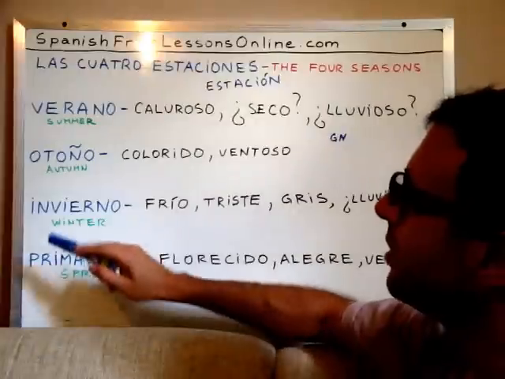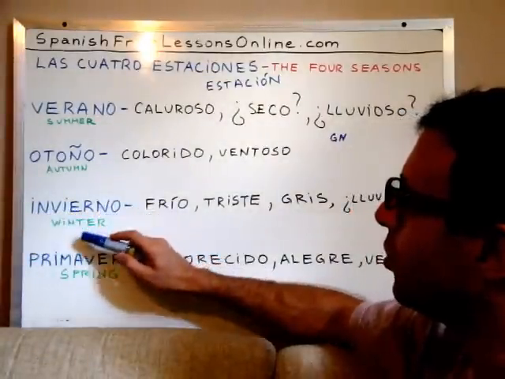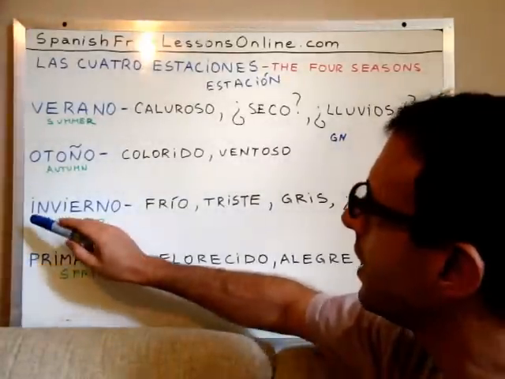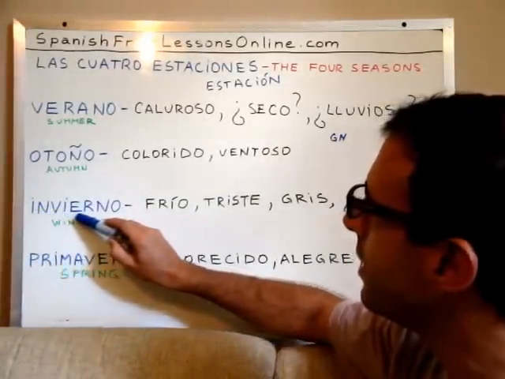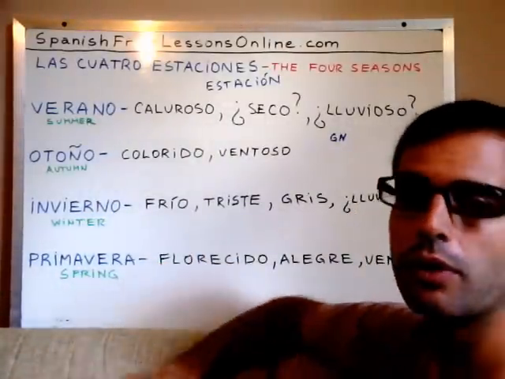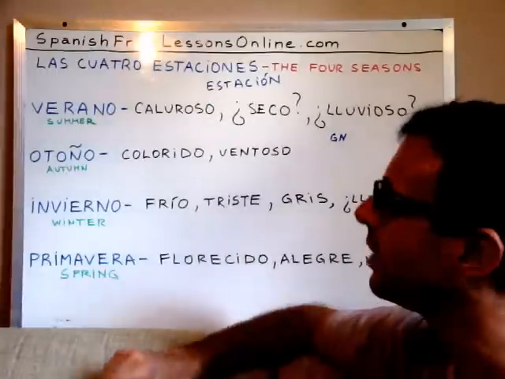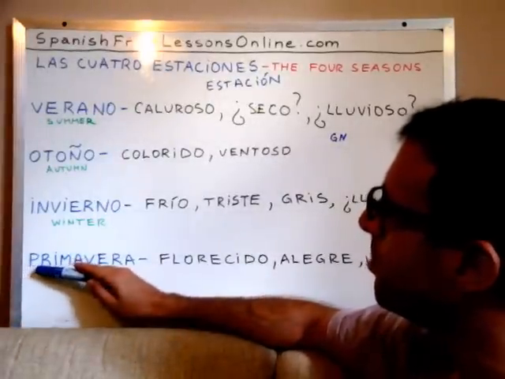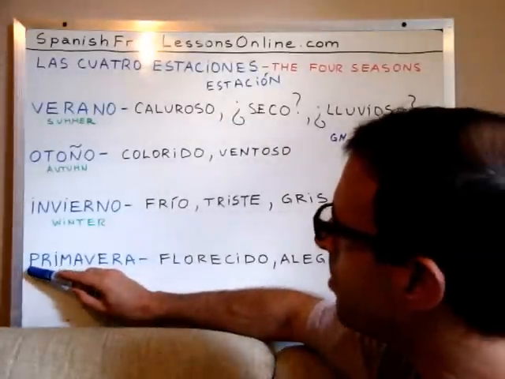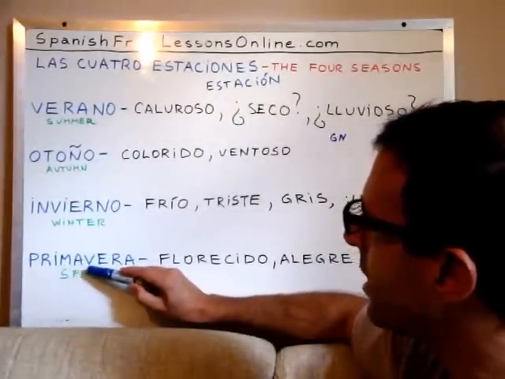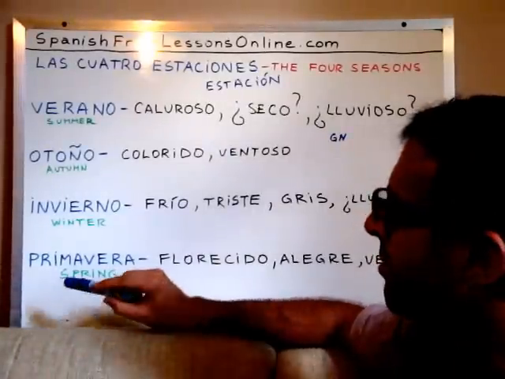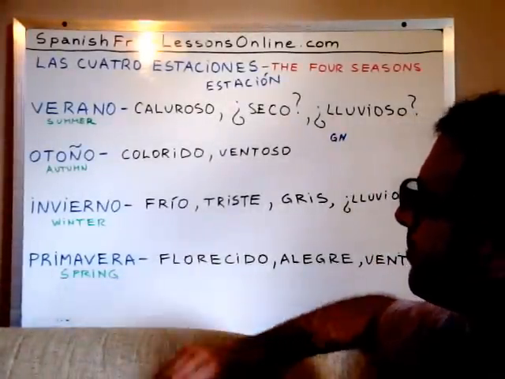After that we have invierno or winter. Invierno, 3 syllables. Invierno. And our last season is primavera, 4 syllables. Primavera. Primavera is spring.